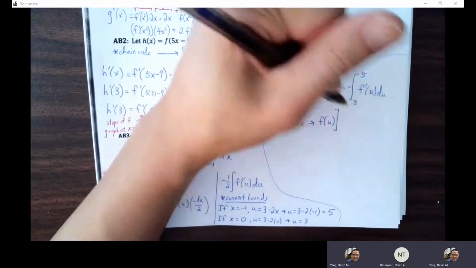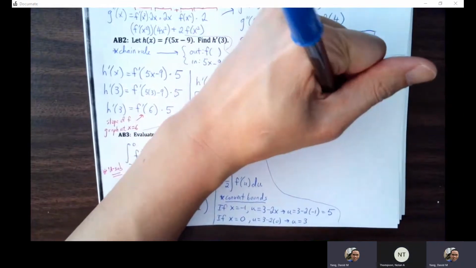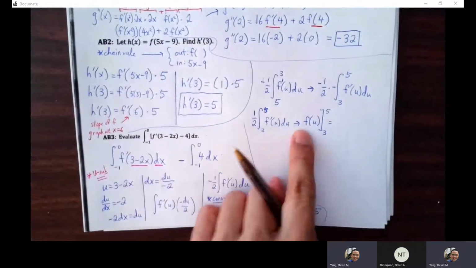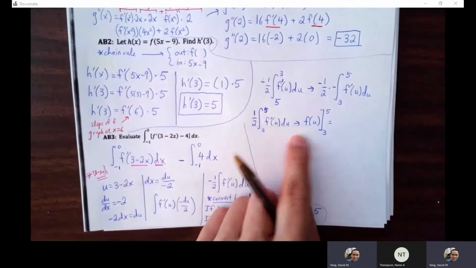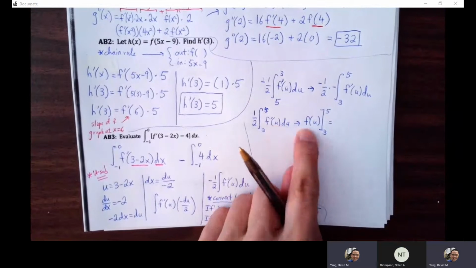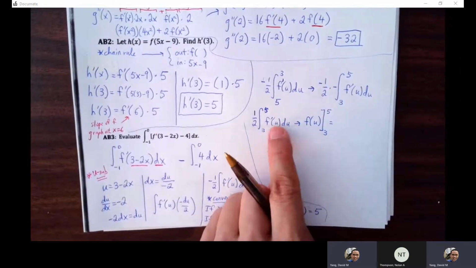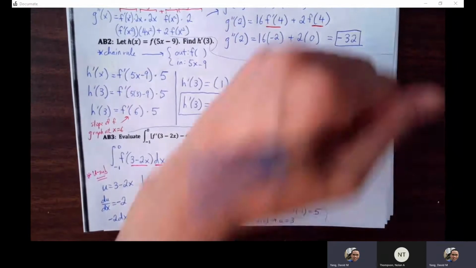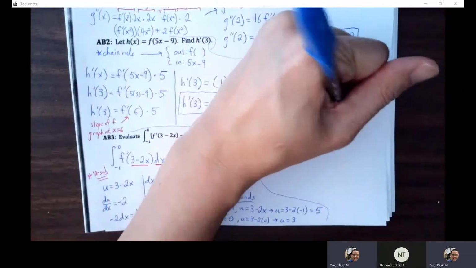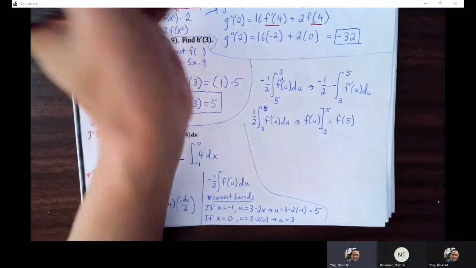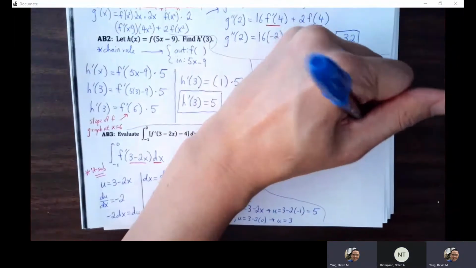And then we can evaluate the bounds from 3 to 5. This is in function notation, so we keep it in function notation. There's no power rule. There's no integral rule we have to know. Just understand that we're making the integral step from here to here. Upper bound first. Minus lower bound.